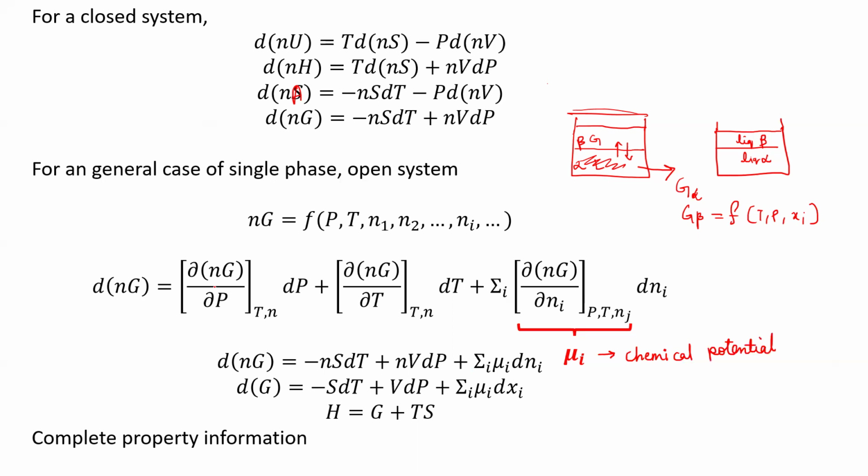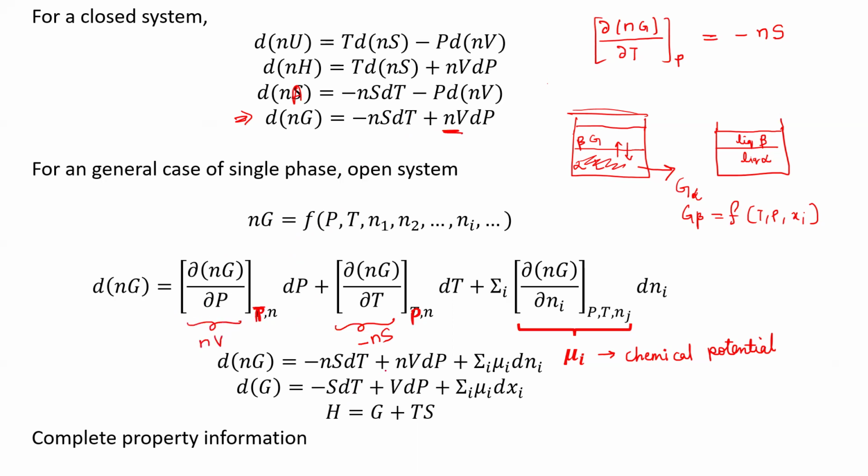Here, on comparison, we already know that dou of NG with respect to dou T at constant P and N is equal to minus NS, and not T, this is P. So we know that this term is minus NS, and similarly NV is given for this.